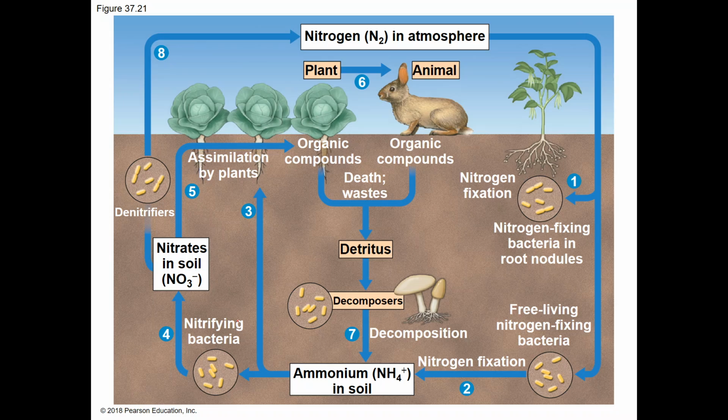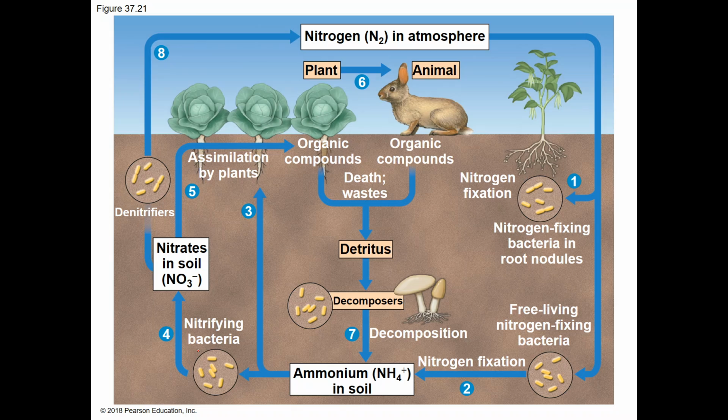And then again, I'm not going to expect you to be extremely familiar with the different cycling of the different molecules and how that all works, but just kind of note that there are these different types of nitrogen molecules becoming available through different types of bacterial interactions.